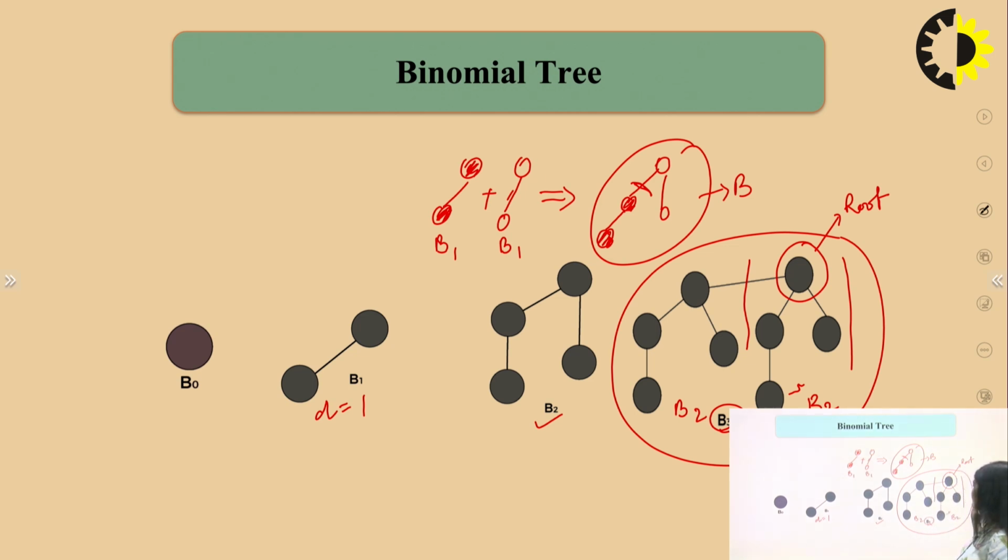If I start from the right hand side and move towards the left hand side, I can see that the first subtree is a binomial tree with degree B0, and this subtree is a binomial tree with degree 1, right? And the third subtree, as we can see, is a binomial tree of degree 2.